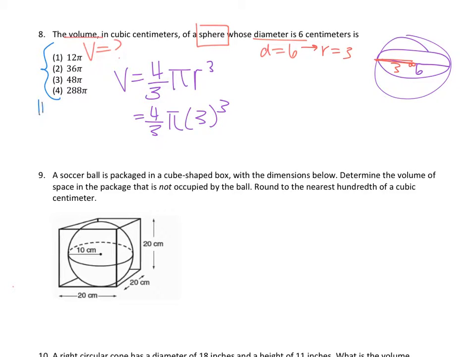They are in terms of pi, which means type in 4/3 and type in 3 to the 3rd, multiplied by each other. 4/3 times 3 to the 3rd. And you end up with 36. But don't forget, bring down your pi. So our answer is choice 2, 36 pi.